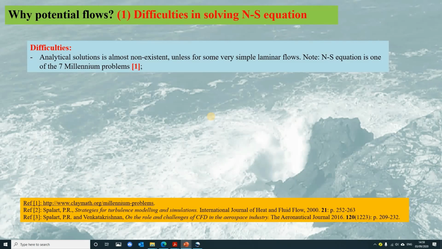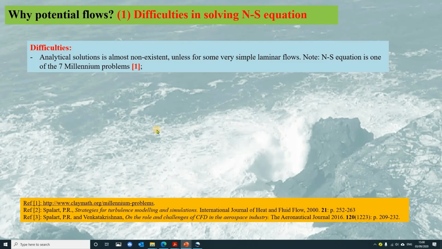How can we solve the Navier-Stokes equation? In fact, we have many different ways of solving it, but we have no perfect answer, and we still have many difficulties in doing this.